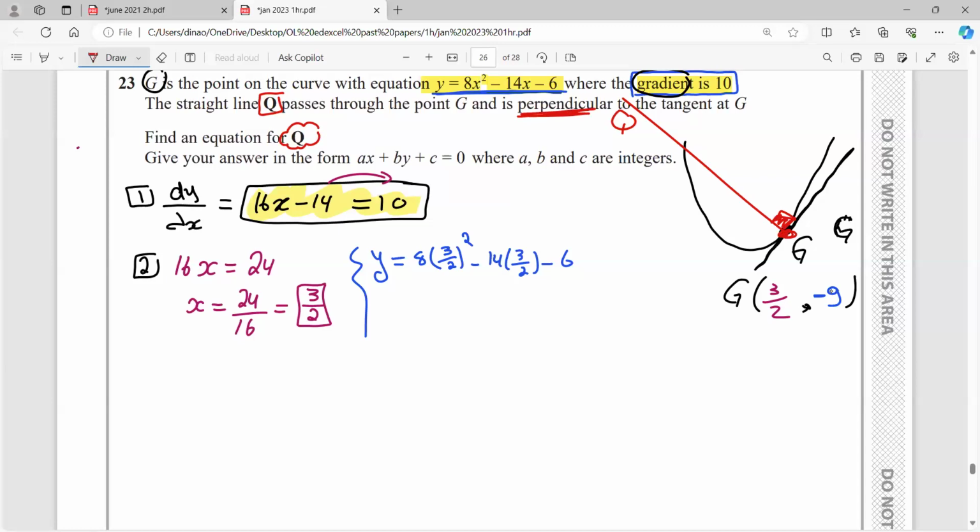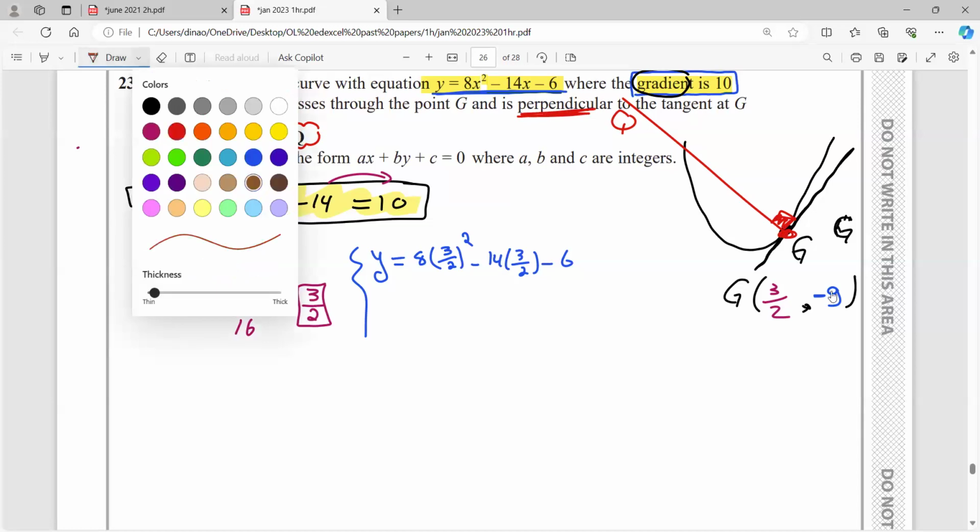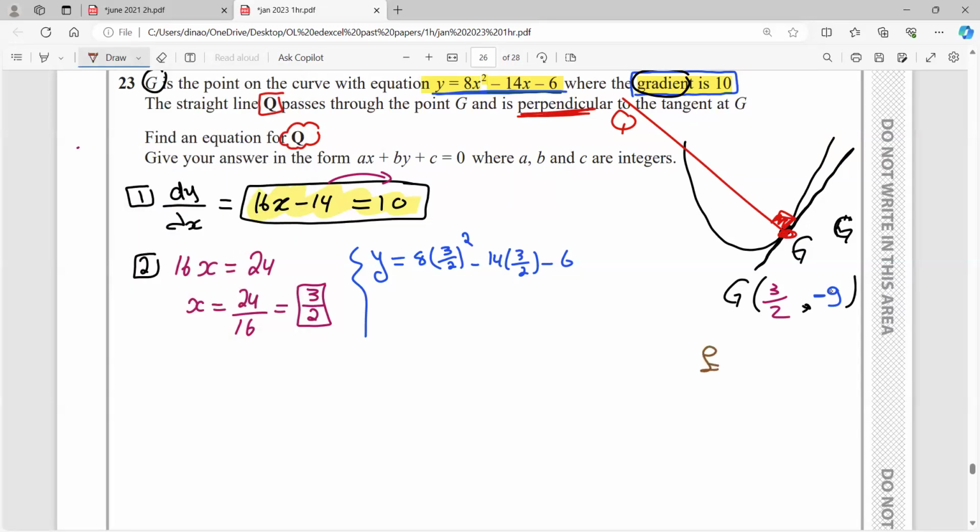How do I find the equation of the line? Now we enter coordinate geometry, which is explained in full details. I am required to find the equation of line Q. If you remember, to find the equation of a line, we need a gradient and we need a point that lies on the line.